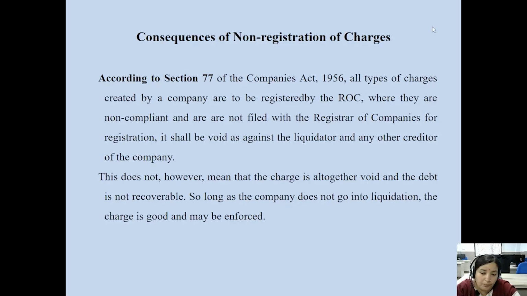The debt can be recovered by the banks and financial institutions if the company ratifies and confirms as valid the register of charges for that particular asset or property of the company. So long as the company does not go into liquidation, the charge is good and may be enforced.